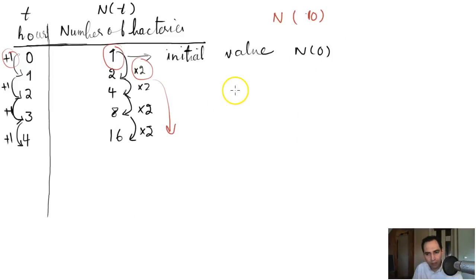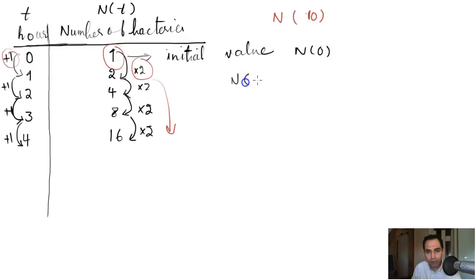But if I had a rule for this function, I could simply calculate n of 10, and I wouldn't have to do all the calculation here. So let's see if we can find some sort of rule for this function. And to find the rule, your function is n of t.